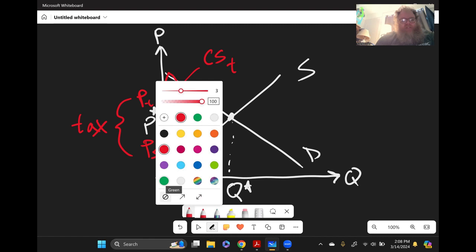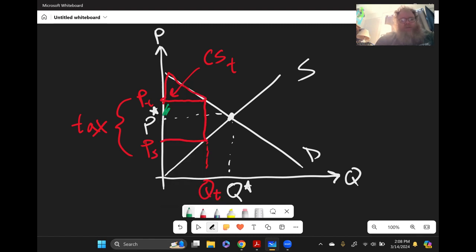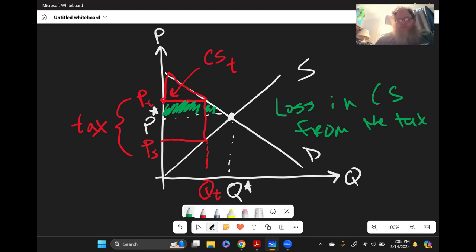And then I'll just show you that loss in consumer surplus. So this green area here, this is the loss in CS from the tax. So that area there and that area there. So when the government imposes a tax, not too surprisingly, consumers lose because their consumer surplus has declined.